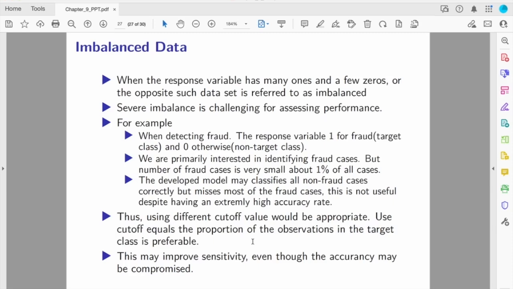Using a different cutoff value would be appropriate, and maybe we can set it equal to the proportion of observations in the target class, which is important. This would improve the sensitivity even though the accuracy may be compromised. So this is important to understand, and how to deal with imbalanced data.